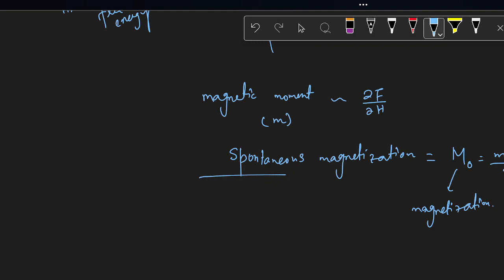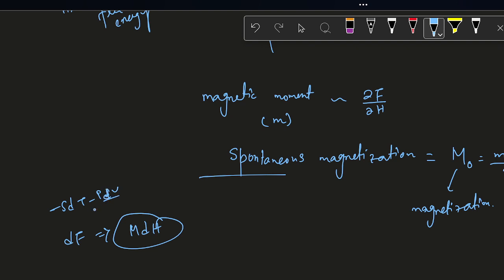This involves a derivative of free energy, Helmholtz free energy, with respect to field, because your dF in such a magnetic system has a dependence of a term like, also there should be a minus sign, yes, there will be a minus sign. Because this has a dependence on M dH, I am not writing down the full term, but just like you have dF equal to minus S dT minus P dV.